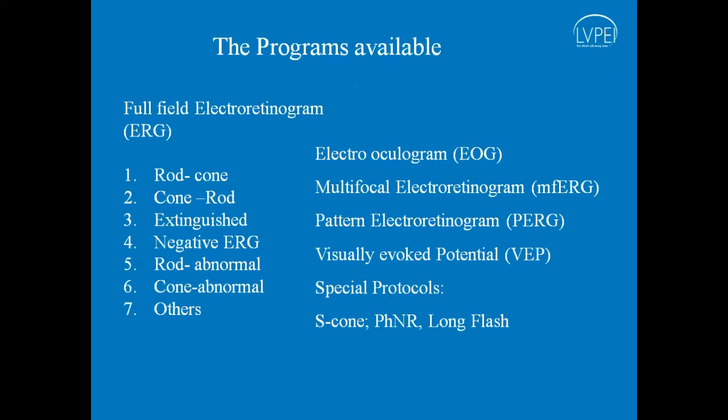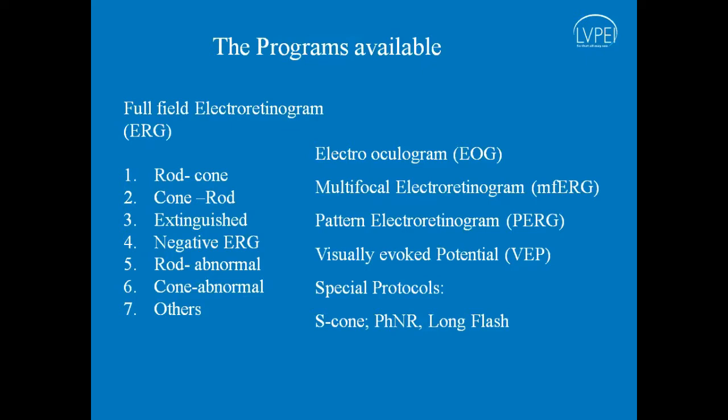So these are the different programs available in visual electrodiagnostic tests. There are certain programs which are pan-retinal or global programs. This includes electroretinogram, a full-field electroretinogram, but it's for the latest standard. Just electroretinogram implies it's a full-field electroretinogram.